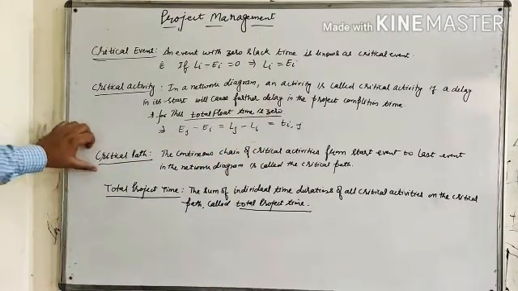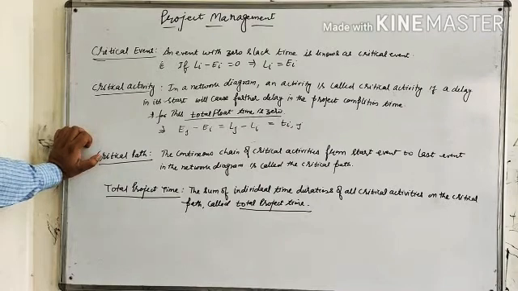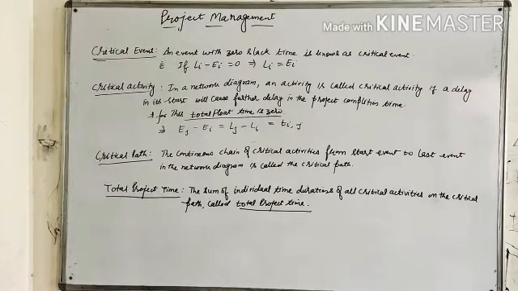Critical path. This is the continuous chain of critical activities from the start event to the last event in the network diagram and is called the critical path. It is the longest path starting from the first event to the last event and is shown by a thick line or double line in the network diagram.